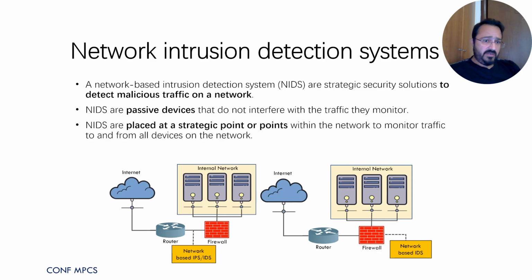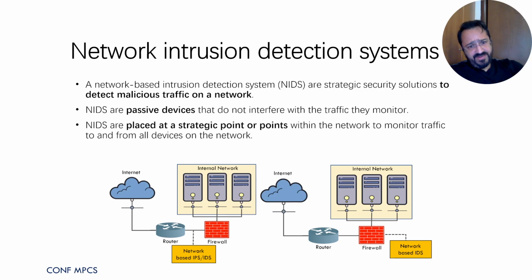So there are two places where you can put these systems. One is after the router, where you make a span port to transfer all the network traffic. In order to be correct, the NIDS needs to see all the traffic going through your network, so everything should pass first through the NIDS and then go into your network.